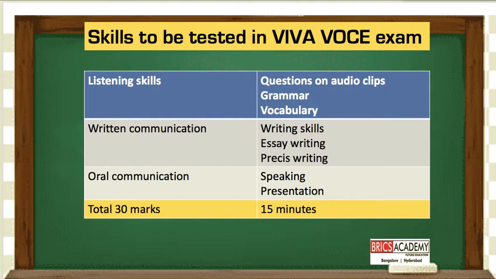Probably there will be a recording. The complete exam is going to be on artificial intelligence. You will not find anybody. You will be speaking to a computer system and go according to the instructions given by the computer, and you will write everything on the computer, though it is a personality test. 30 marks, 15 minutes exam.